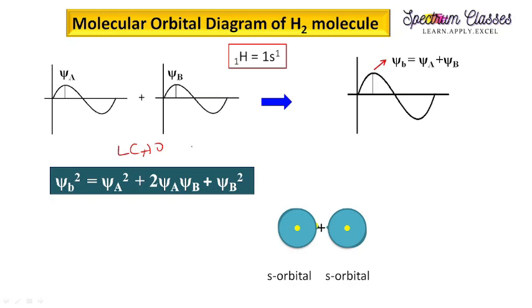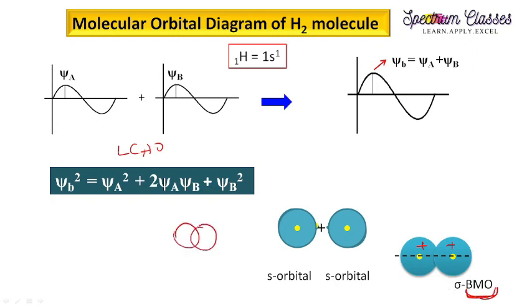If these are in constructive interference, it means these two s orbitals combine together, and here plus plus signs are there, meaning they are in the same phase. This gives us a bonding molecular orbital, and this s and s orbital overlapping will give us sigma bonds. So this bonding molecular orbital of s overlapping is designated as sigma bonding molecular orbital.